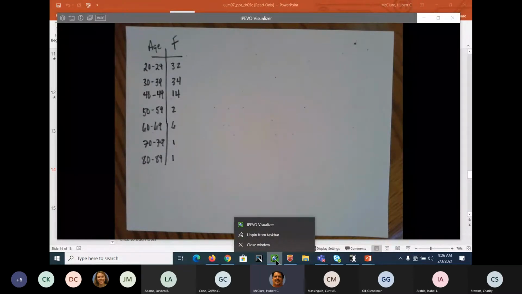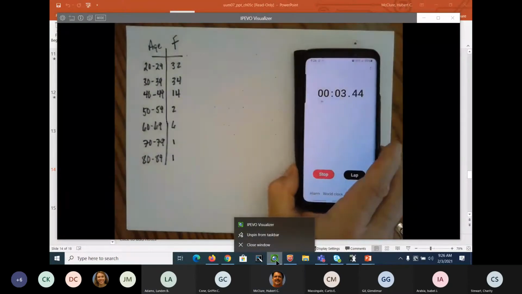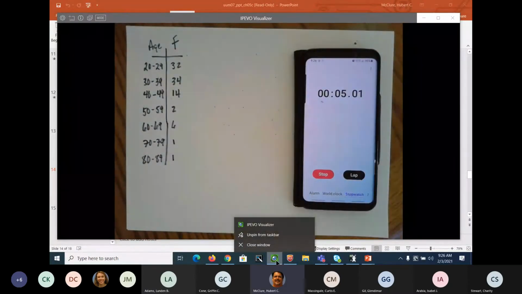Then after that, the class width, the relative frequency, the class boundaries, and the midpoints. Go ahead and find those, and after 2 minutes, we'll get started on it together and you can fill in the blanks.